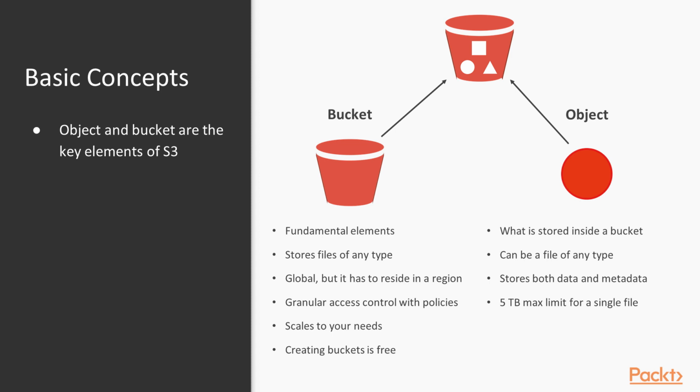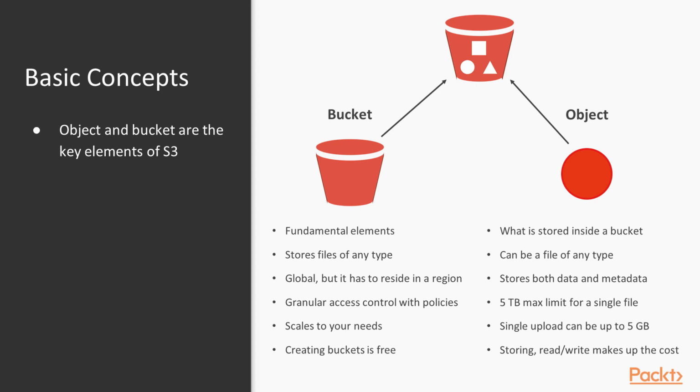Five terabytes is the maximum limit for a single file. A single upload can be up to 5 gigabytes. If you have a file bigger than 5 gigabytes, you have to split it into different pieces, and S3 can merge them together once you finish uploading. What makes up the cost for S3 is basically storage, read, write, and everything that you operate on your bucket objects.